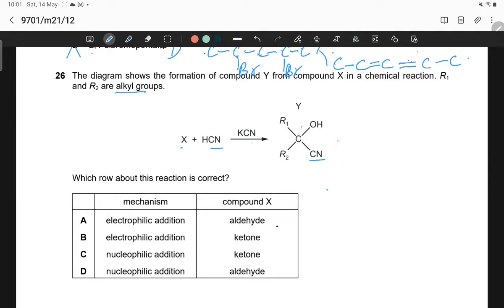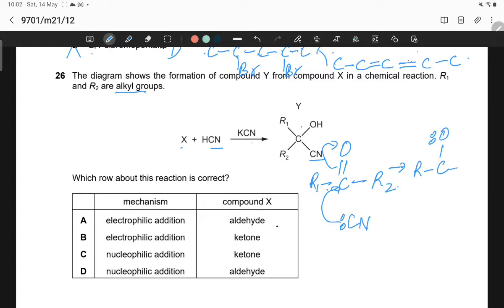This is R1, C double bond O, and R2. So this is nucleophilic addition, HCN.